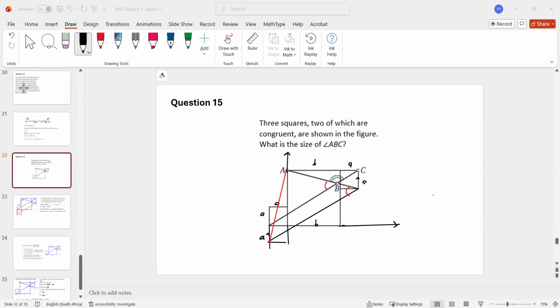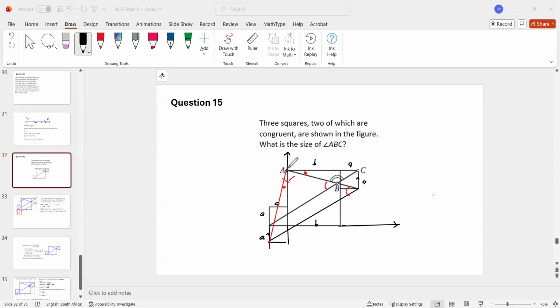these angles, this angle here is the same as this angle here. But this angle plus this empty angle is 90 degrees. So therefore, this angle here is 90 degrees.